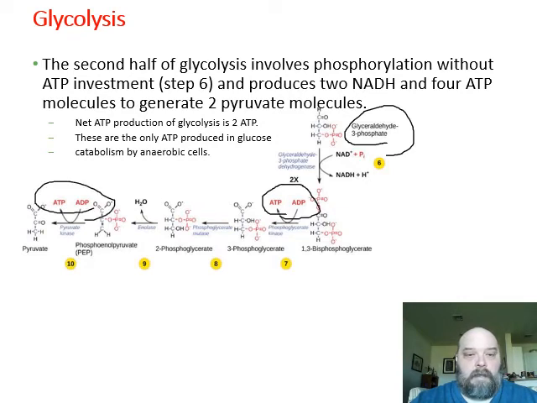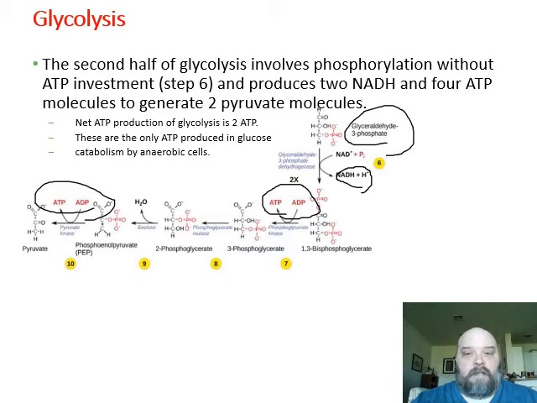ATP, ATP, and look right here, NADH. Now keep in mind that one glucose became one fructose, which then got split into 2 glyceraldehyde 3-phosphate.